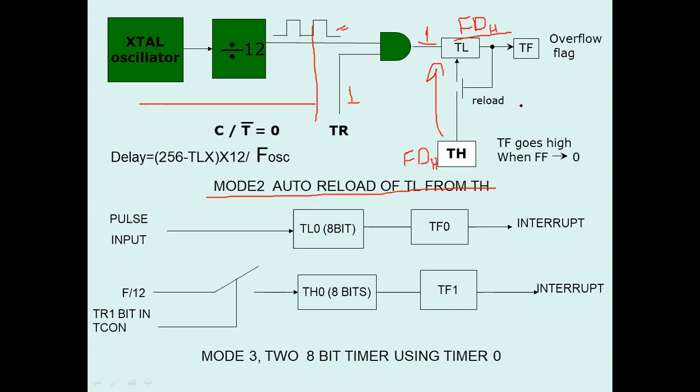Now whenever TL overflows, the timer overflow flag of TL is 1, then automatically the TH value will be loaded to TL. Clear? Whatever the value of this TH, that will be loaded to TL automatically after the completion of this particular counting or timing activity. Clear or not?